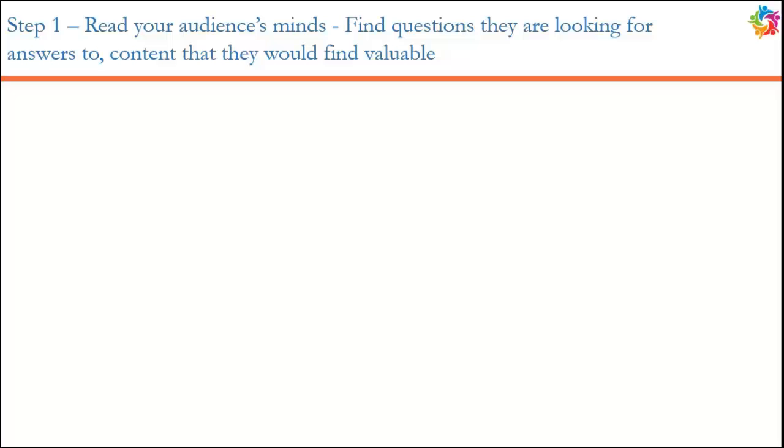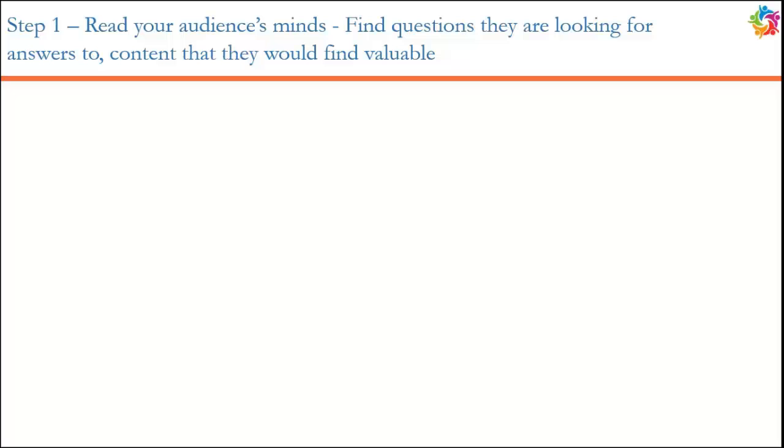The first step when you craft a digital strategy is to find out who your audience is and what their questions are. What would they find useful? What kind of content would they find valuable? What kind of questions are they looking for answers to in their minds?